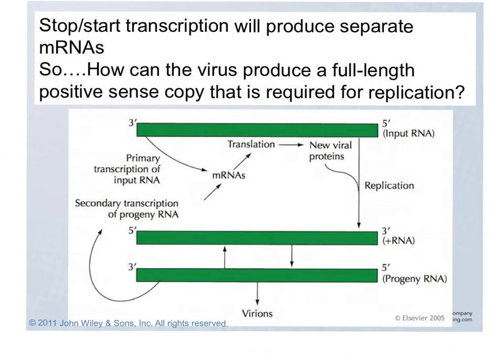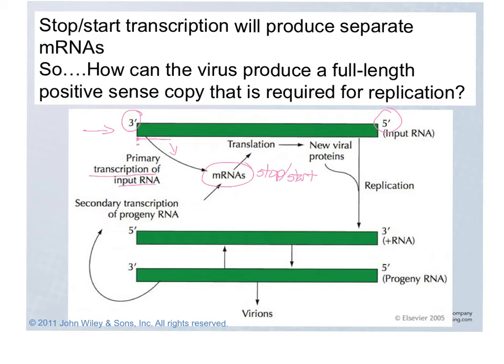Looking at this diagram, we have a -sense RNA genome, starting 3' to 5'. I've described to you that during the process of transcription, we produce these messenger RNAs by this stop-start method, where the polymerase will sit down, it will transcribe, and then it falls off.